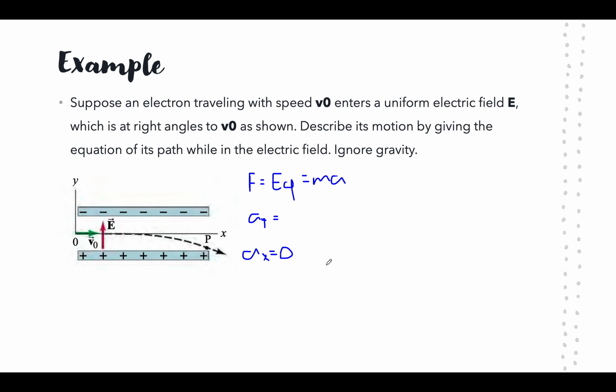So horizontally speaking, it's moving with constant velocity, which means that x would be equal to v0t.